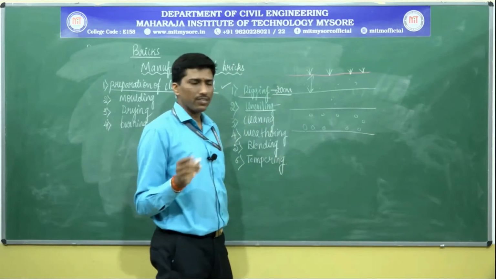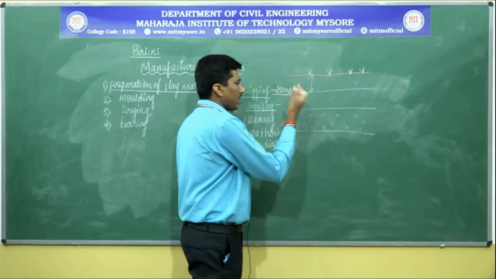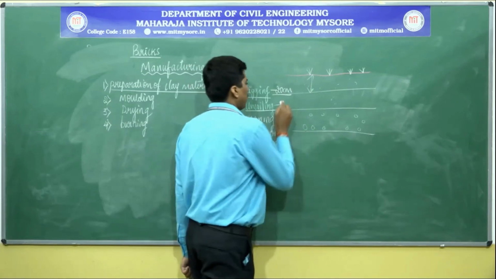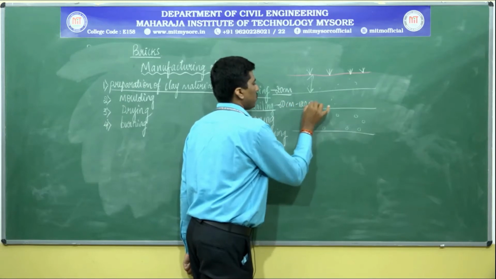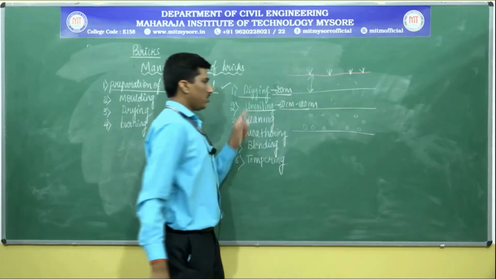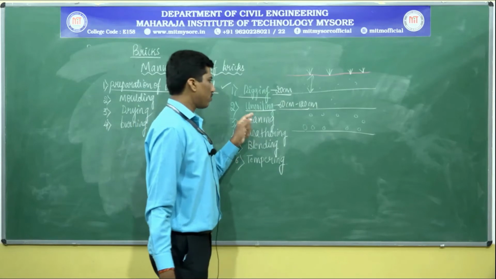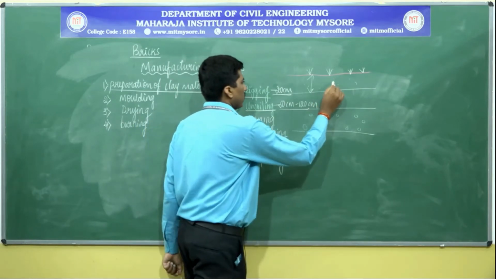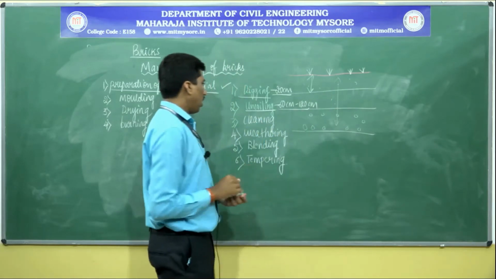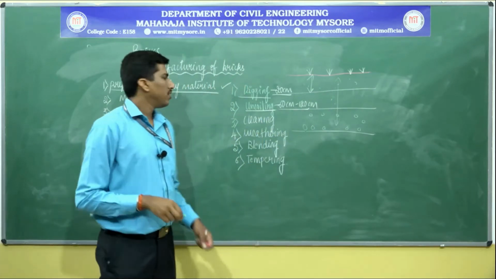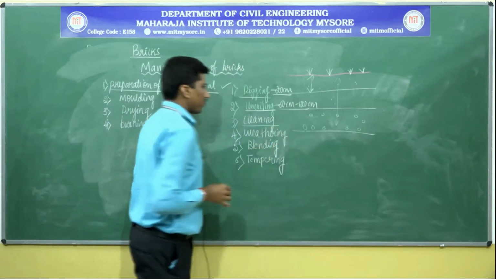Unsoiling, it is carried out, means taking the layers of the soil to a depth of at least starting from 60 centimeter to 120 centimeter. This process is carried out, okay, 60 to 120 centimeter, followed by the cleaning process.